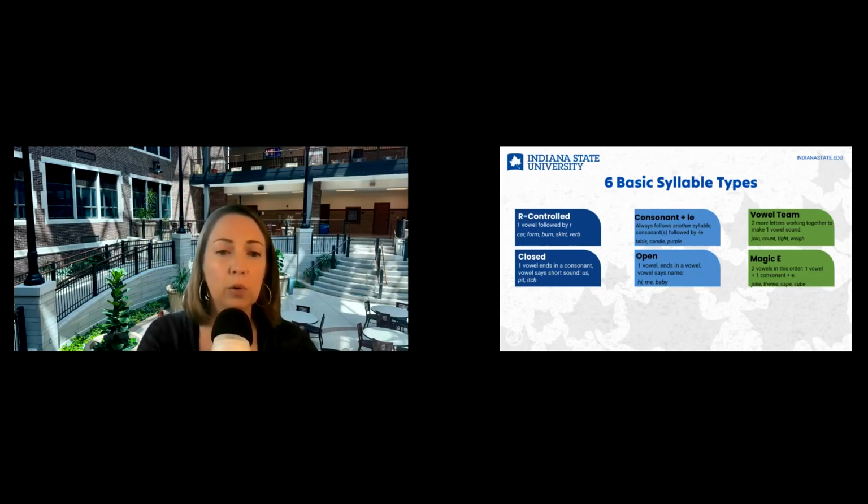Another way to approach decoding is by teaching the basic syllable types. This helps with our decoding and our pronunciation of words. For example, the R-controlled syllable type. If a vowel is followed by an R, it changes the sound of that vowel. In elementary, we teach this as the bossy R, because the bossy R kind of takes over the sound of that vowel.